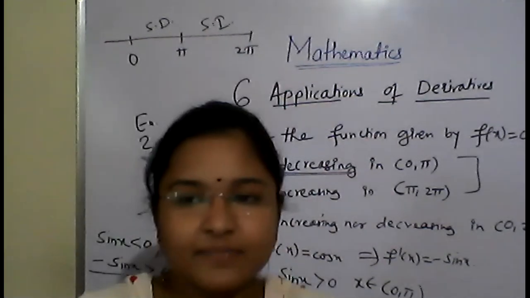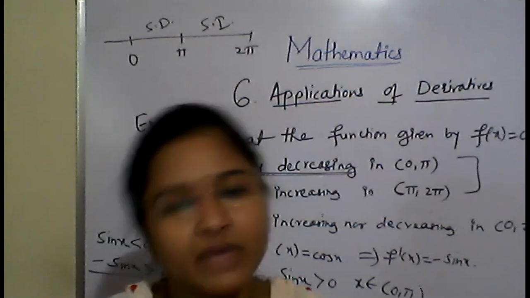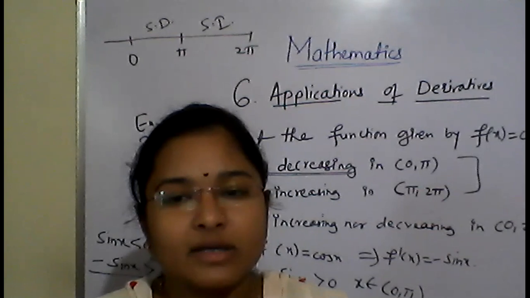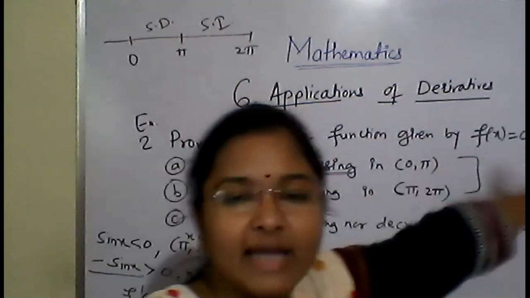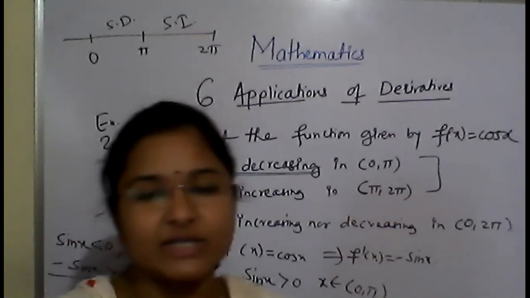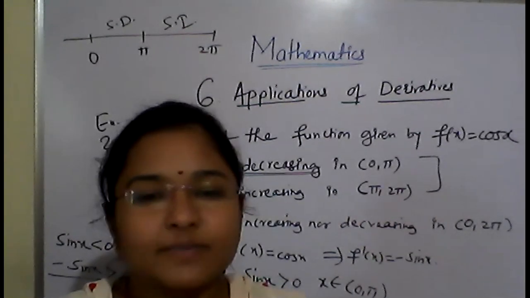Can we say this? Yes or no? Any doubt in this now? If I change the function here, instead of cos x you can take any trigonometric function. Any doubt, guys?